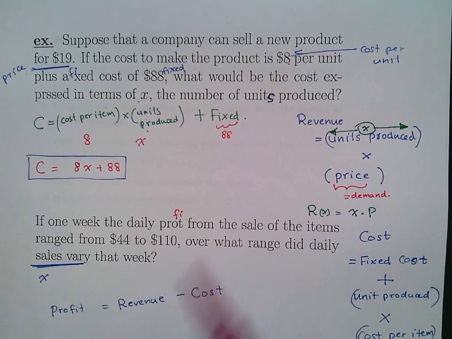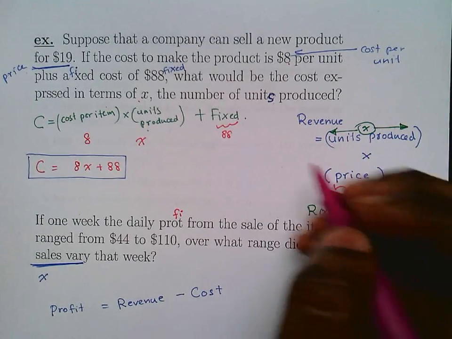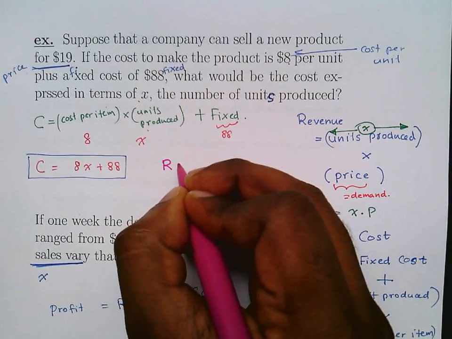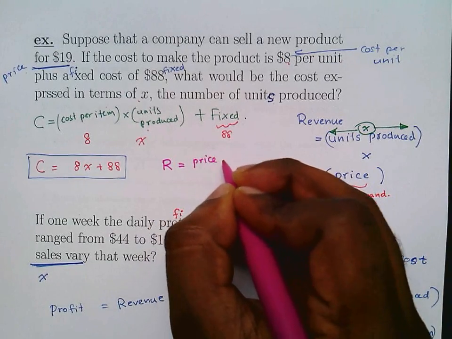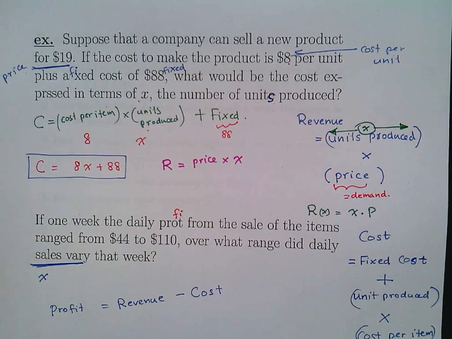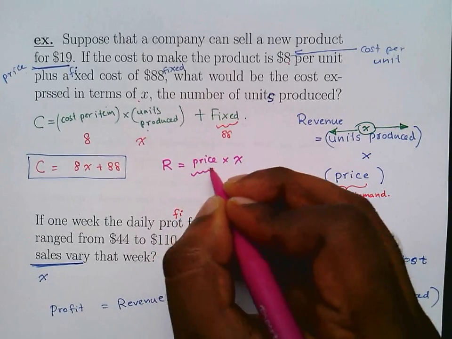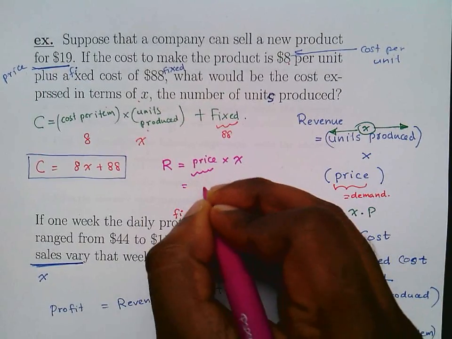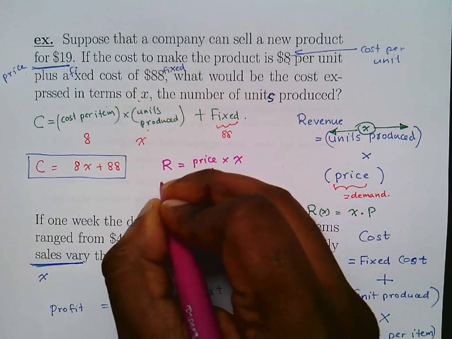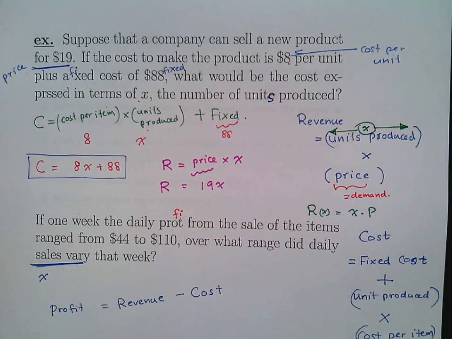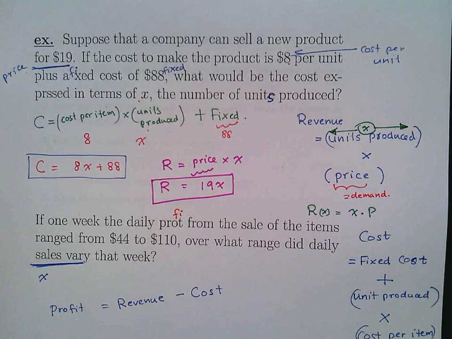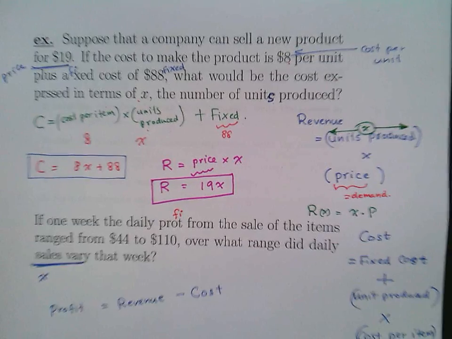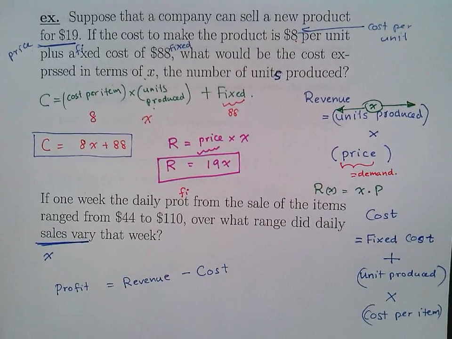That is not hard because revenue is X times price. So revenue is price times X. And the price itself is $19, so it's just 19x. So the revenue is 19x. So now you can actually do this.